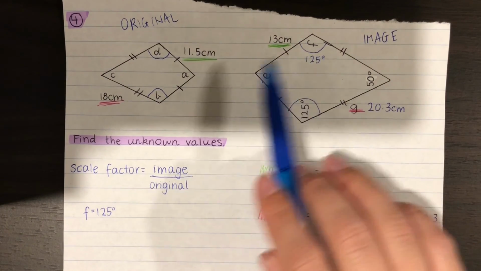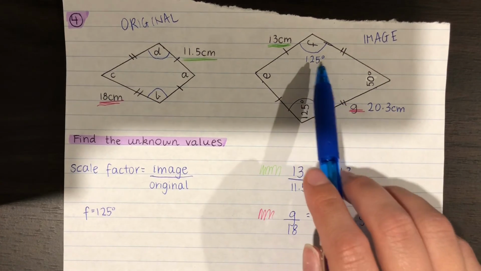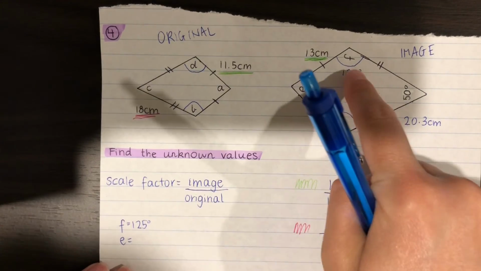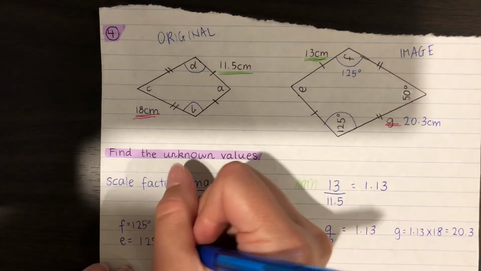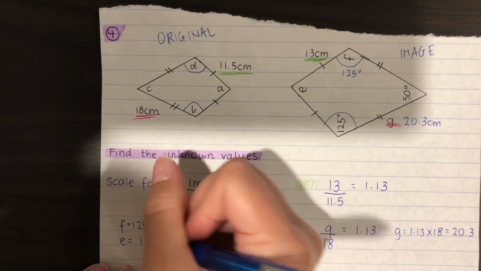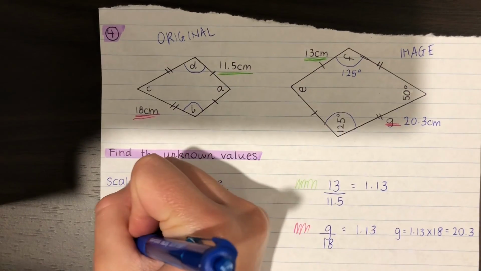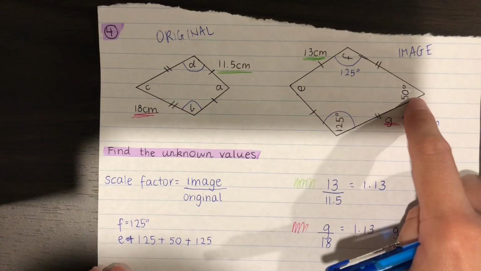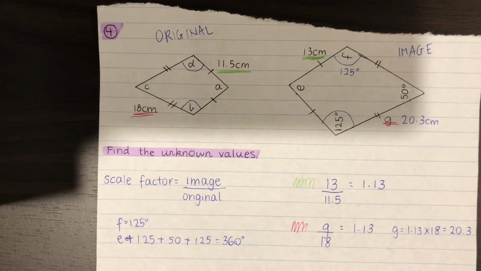And then because a kite is a quadrilateral, to find E, you would do 125 plus 50 plus 125. So E plus 125, 50, and 125 must equal 360 degrees all up.